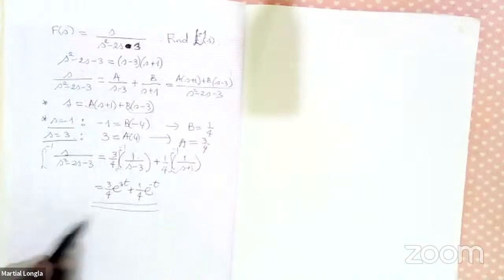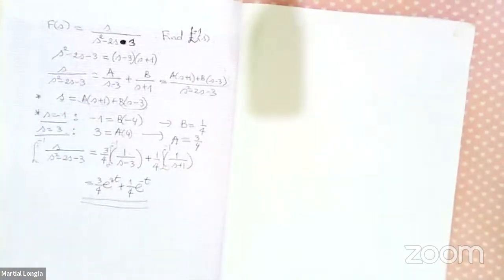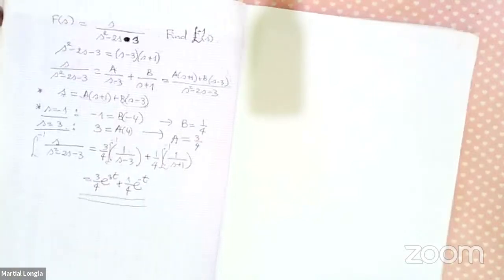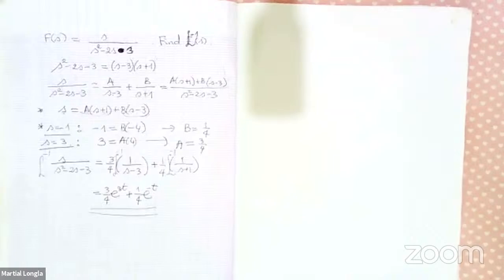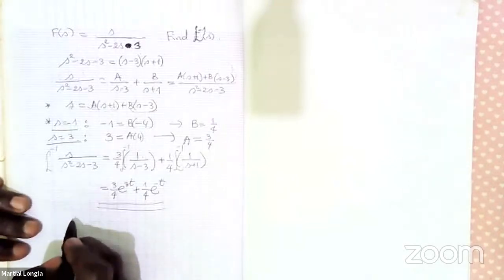And so that's the inverse Laplace transform of that original function. And if you do follow the steps, you would find out that it's pretty straightforward. No complications. You just need to know the basic functions that are there.